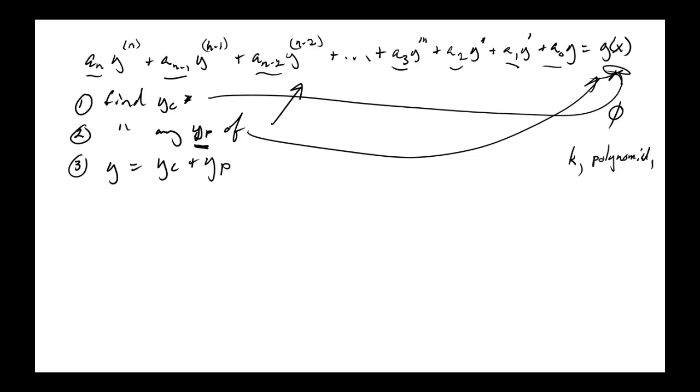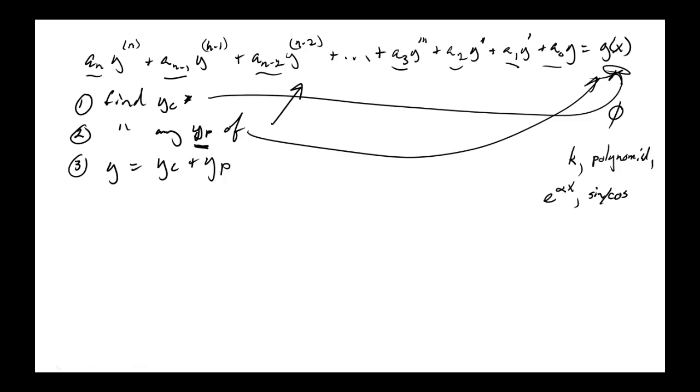It could be any exponential function, e to the alpha x. Now that's not necessarily the same alpha as we had before, but they just used that for some reason. It could be a sine or a cosine.